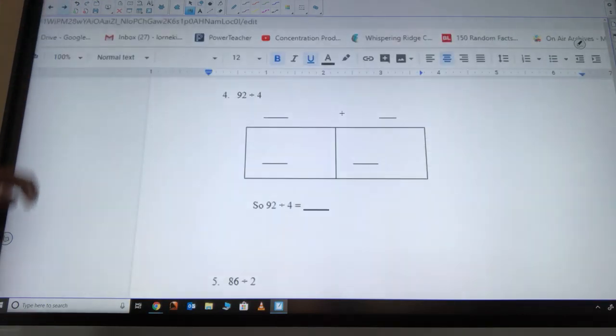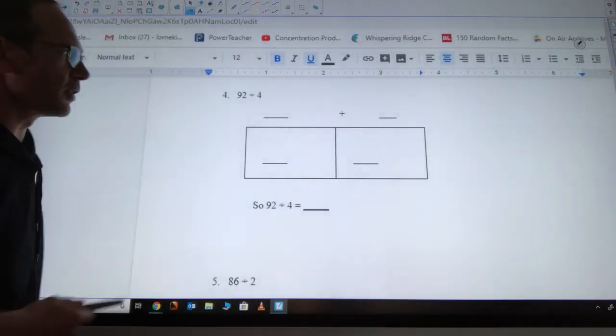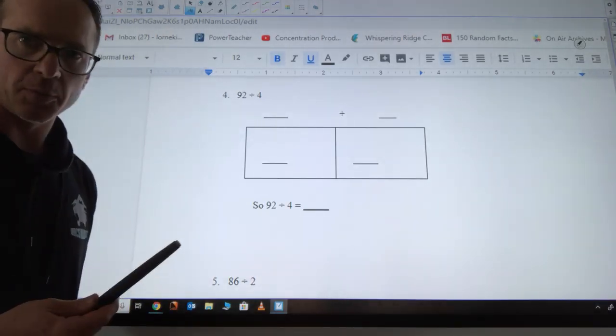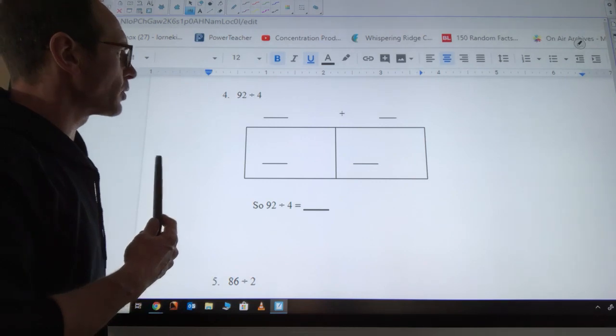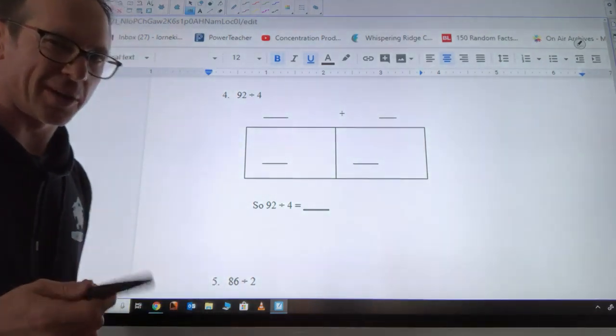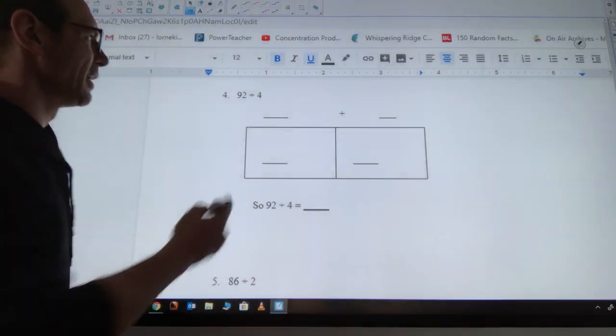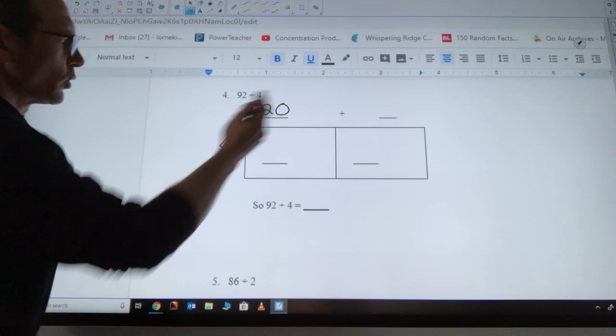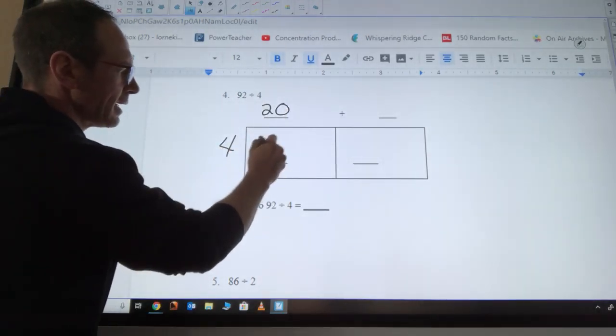Next question. Number 4, 92 divided by 4. Okay, well, I know my answer is going to be more than 10 because 10 times 4 is 40. I know it's going to be more than 20 because 20 times 4 is 80. But I know it's going to be less than 30 because 30 times 4 is 120. So my answer is going to be 20 something. So 20 times 4 is 80.